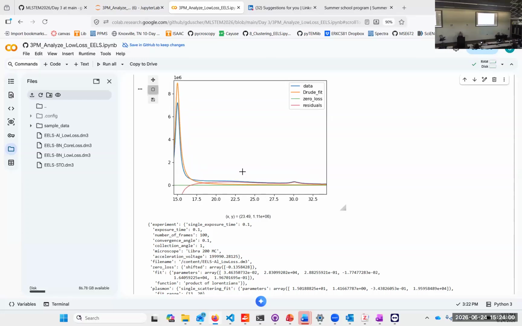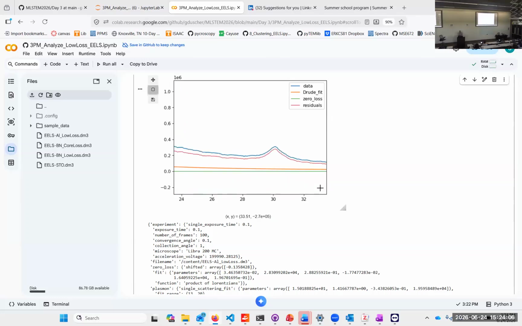As I said, it's at twice the energy of the volume plasmon peak. There's a second peak, and that is all the electrons that scatter inelastically at the plasmon, and then at some other time scatter inelastically at the plasmon again. So it's a multiple scattering.